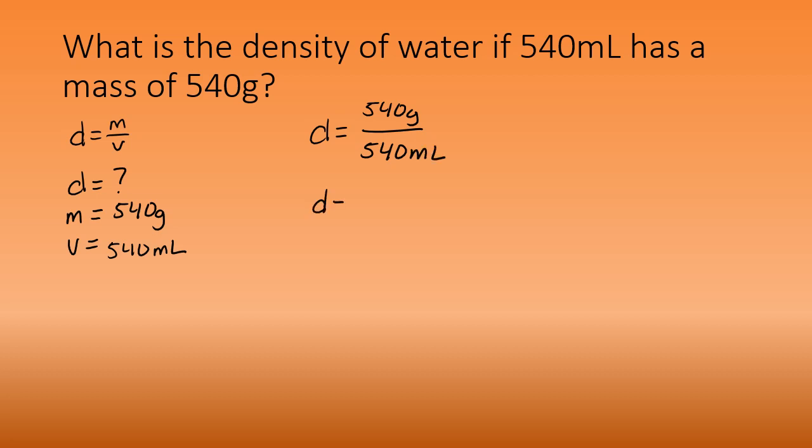And anything divided by itself is 1, so the magnitude will be 1, and the units will be grams per milliliter. And the density of 1 does happen to be 1 gram per milliliter. 1 milliliter of water has a mass of 1 gram.